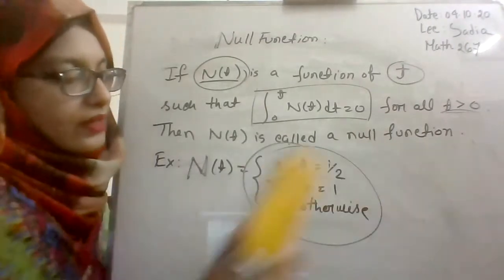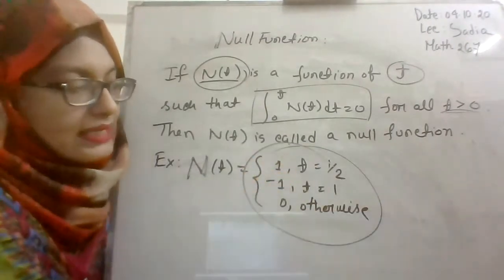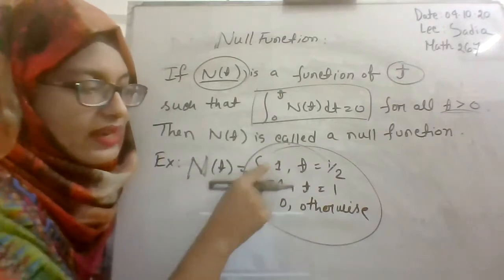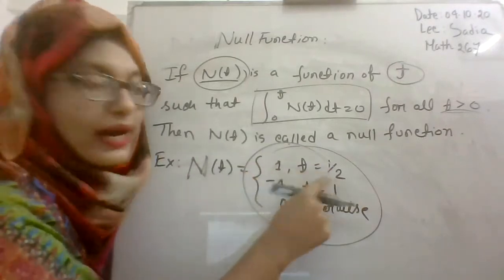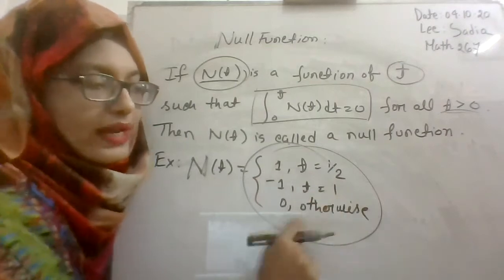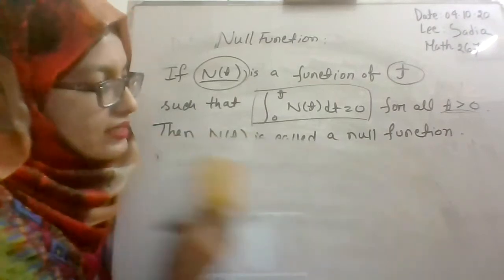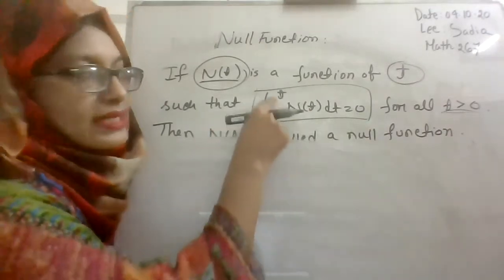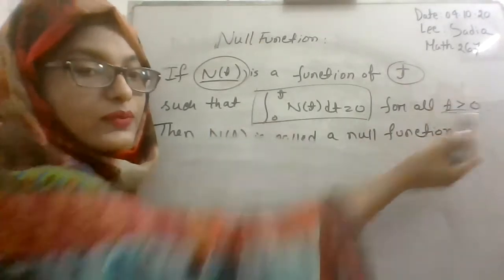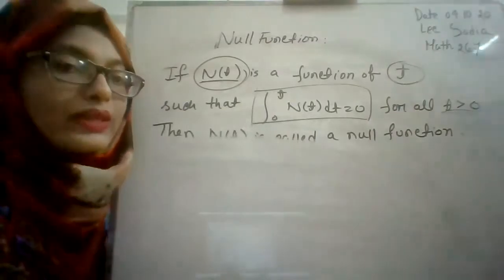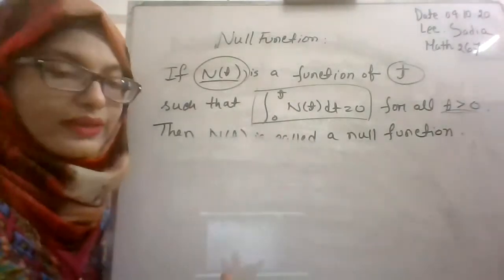So memorize this null function: value 1 for t equals half, minus 1 for t equals 1, and 0 otherwise. And in this definition the values of t have to be greater than 0. So we will start the limit from 0 to t, right?